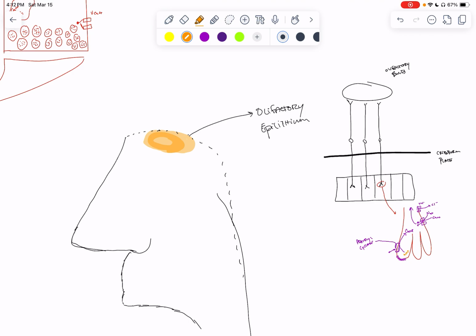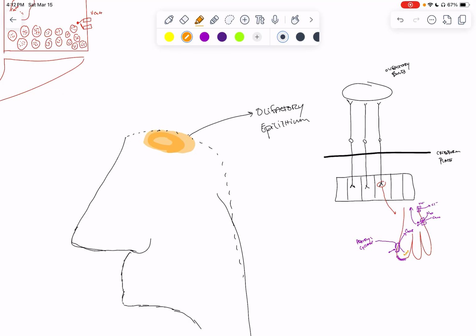And these olfactory epithelium are connected to olfactory nerves, which go through something called the cribriform plate. Now, the cribriform plate is essentially a massive bone that these nerves go through. And unfortunately, if you shear or break the cribriform plate, you'll shear the nerve endings that go through it, and you won't be able to smell anymore.